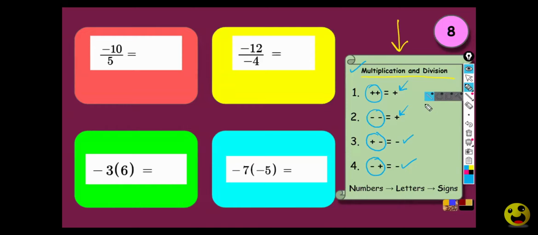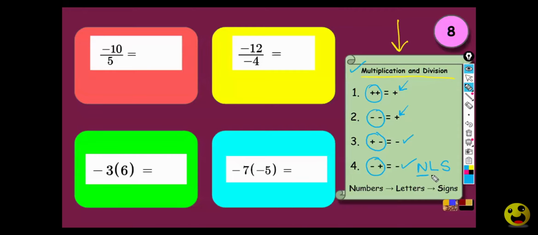Here's my advice. When you're brand new to multiplication and division, you don't want to do numbers, letters, and signs at the same time in your head. You'll get confused. So I have a little thing, I just call it the NLS. I will do all my number calculations first.